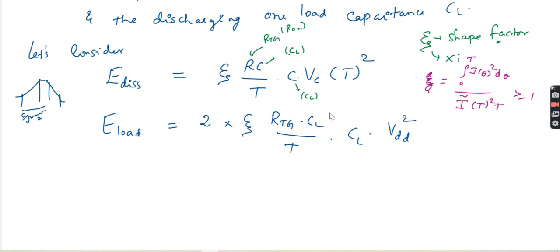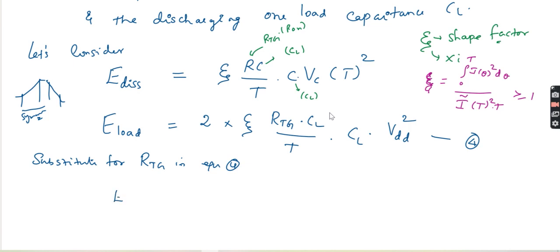Now we can substitute the R on resistance. Consider this as equation number 4. Substitute for RTG in equation 4.